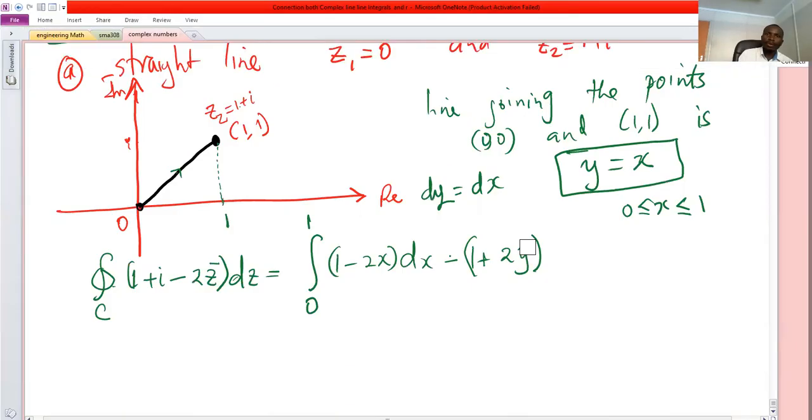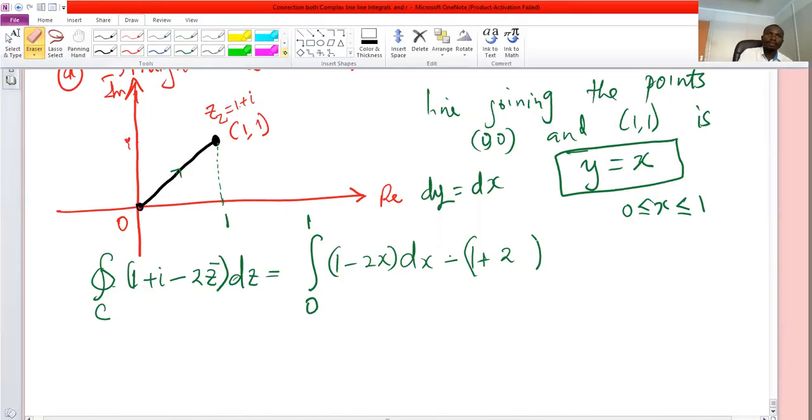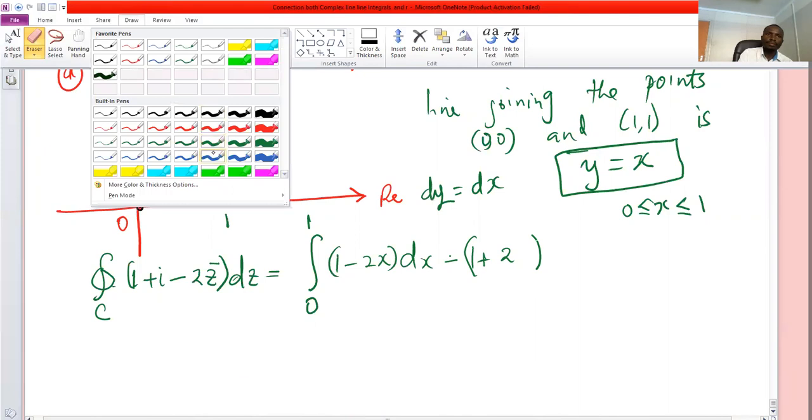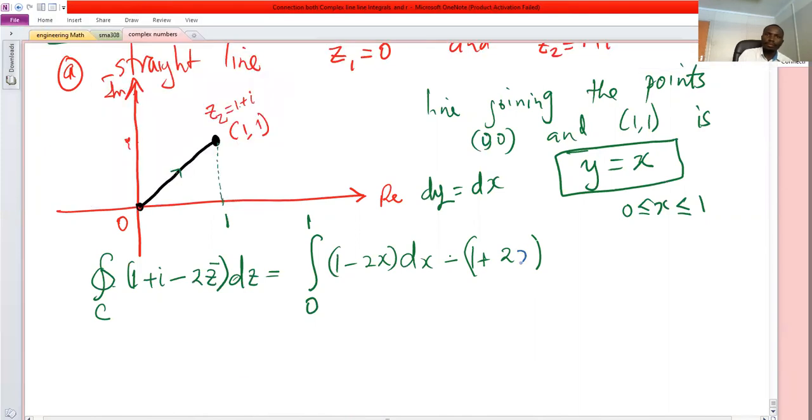So we want to change all our integral in terms of x, and then dy is the same as dx. Plus I, integral from 0 to 1.